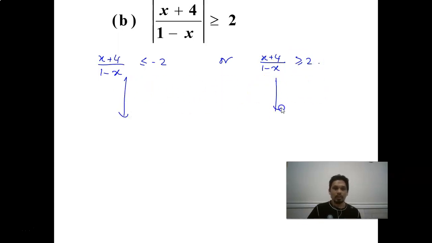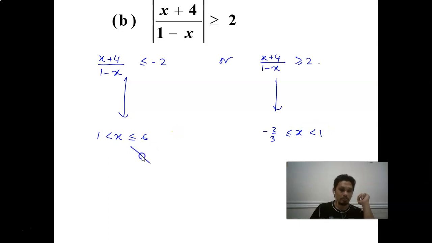We try to simplify, and assume both of the linear factors, numerator and denominator. The solution for case number 1 is x greater than 1 and less than or equal to 6, and for case 2, -2/3 less than or equal to x and less than 1.